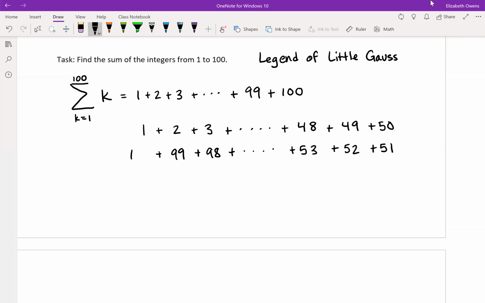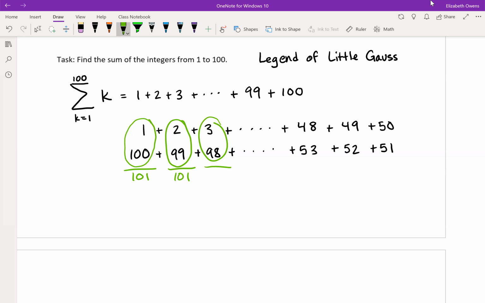99, and 100, if he groups the numbers in this way, it turns out that each pair of numbers vertically has the same sum. 1 plus 100 is 101. 2 plus 99 is 101.